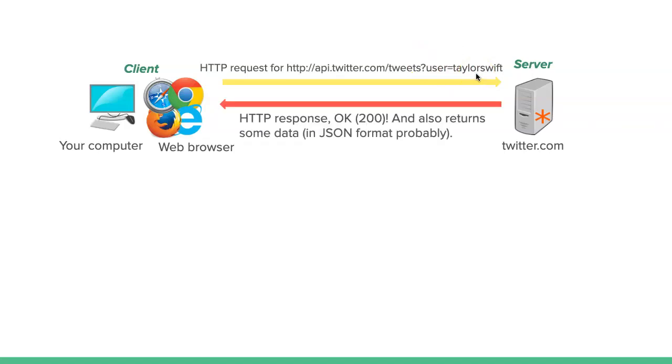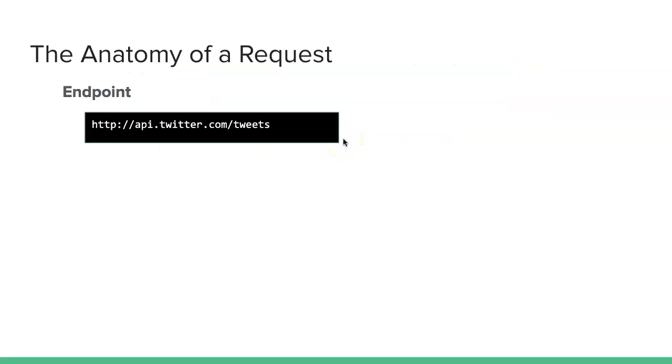The server is going to tell you either okay, hopefully this is the response you get, whether it's okay, which is 200, or you could get a bad request, some kind of error back as well. And on top of that, Twitter is probably going to give you a bunch of tweets, probably in some kind of JSON format. We're going to talk about this in a little bit.